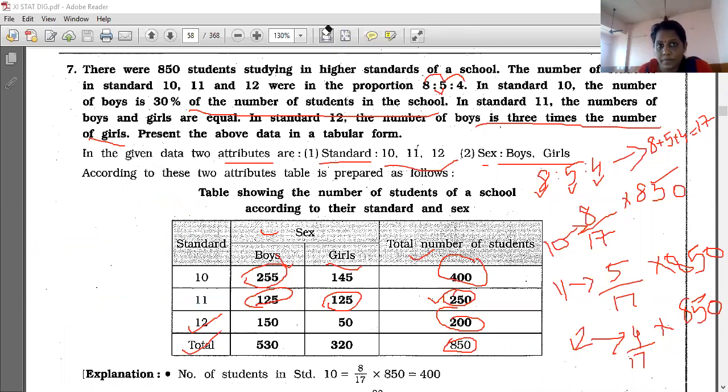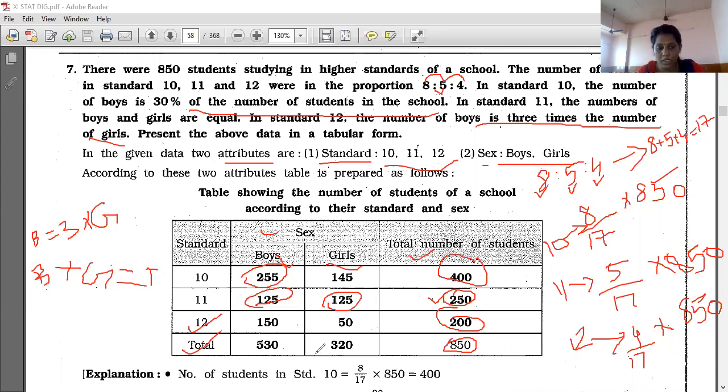So boys is equal to 3 times, that means 3 into the number of girls, 3 into girls. What is the total? Boys plus girls comes to our total.